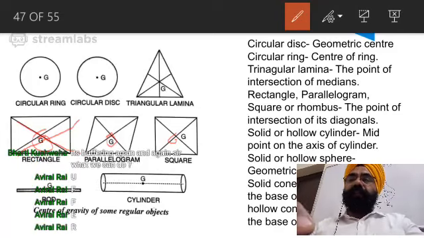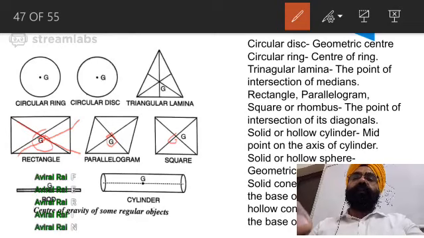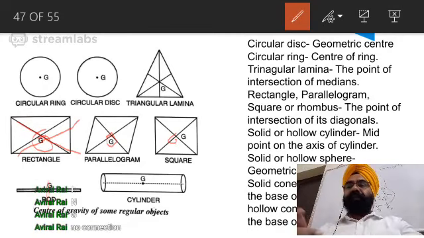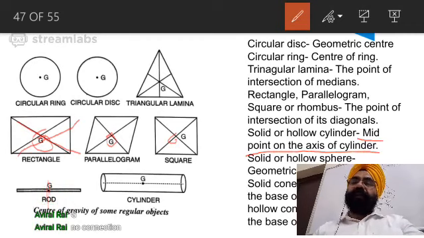If it's a solid cylinder, which means it could be a thick rod or a thick wire, we have done such questions when we did principle of moments. It is always at the center of the axis, the midpoint of the axis of the cylinder.